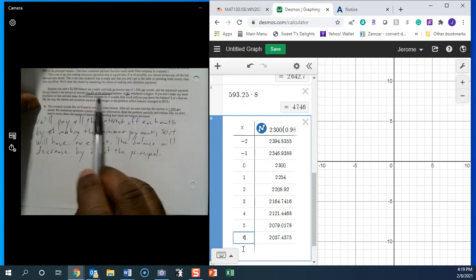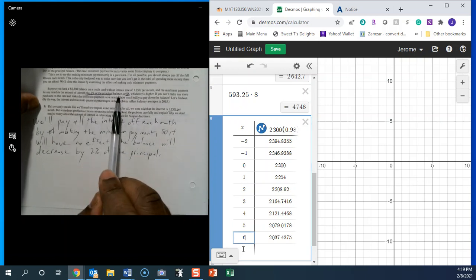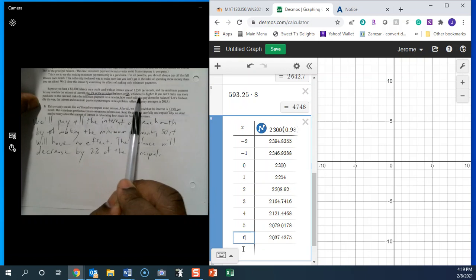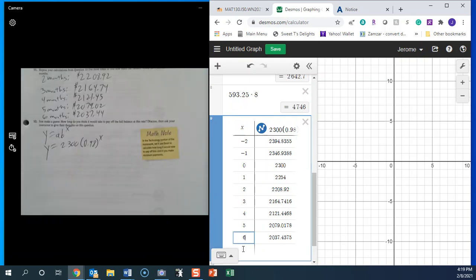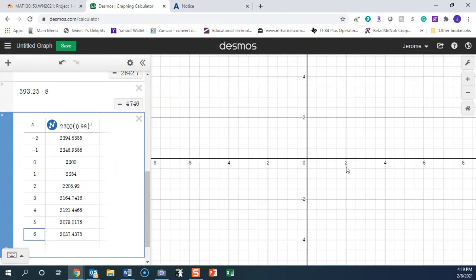Because remember, it tells us that you will have to pay the interest plus 2% of the balance or $5, whichever is higher. So if it's $5 or less, then that will pay it off. So now, let me see here if this came up. It didn't.